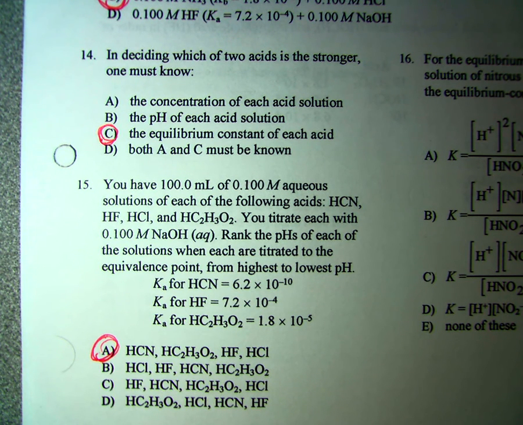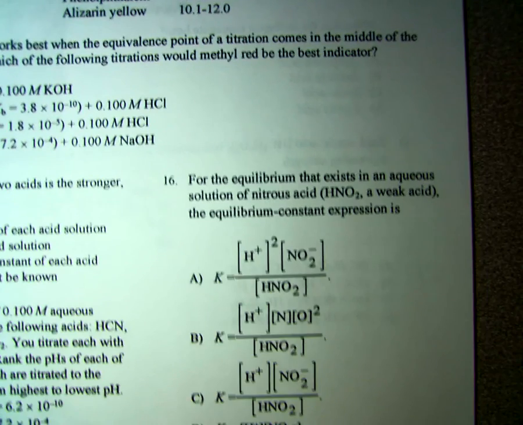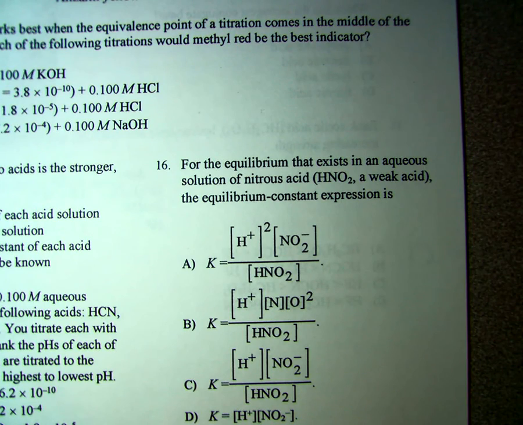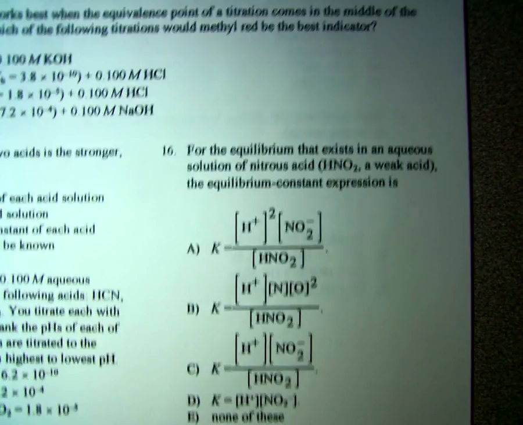It can't be D. Because the smaller the Ka, the weaker the acid. The weakest acid is going to have a higher pH. That's all you really got to look at. The weaker the acid, the higher the pH, because it takes more to break it down, and it won't break down.